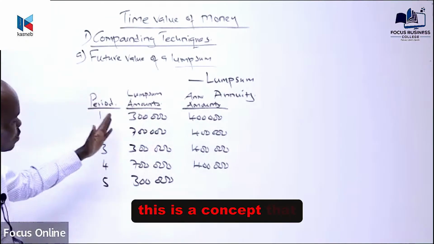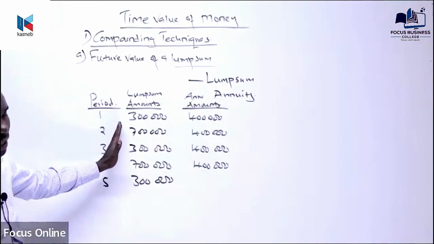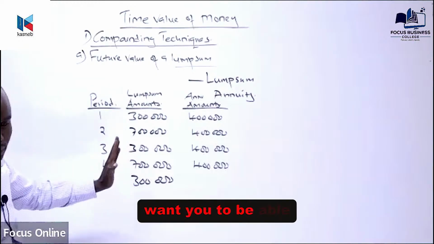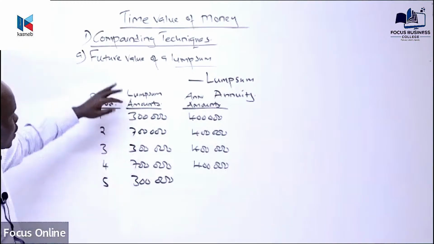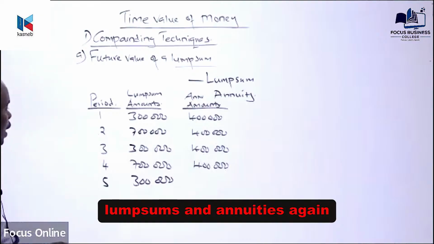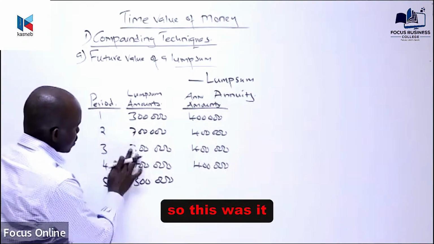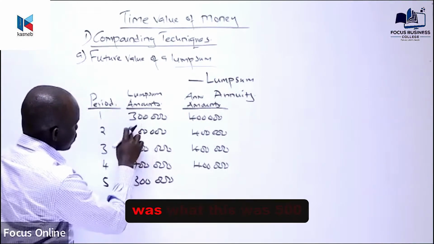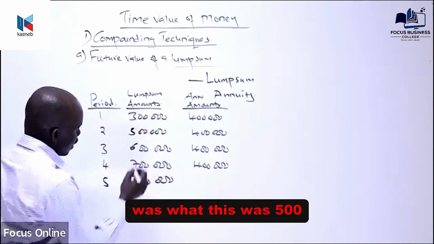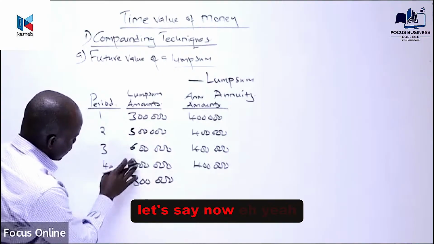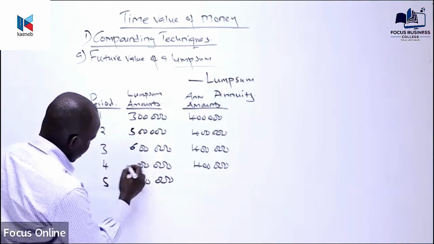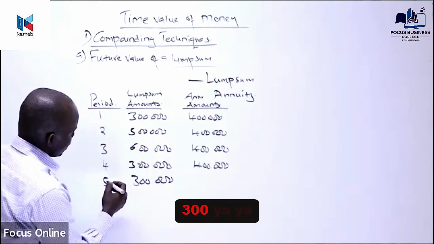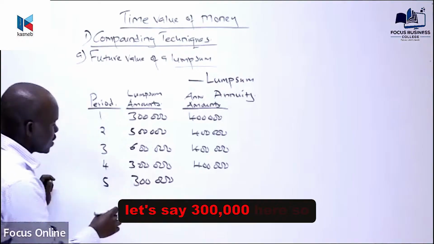This is a concept that we are going to use a lot in financial management. And that is why I want you to be able to differentiate lump sums and annuities. Again, let's say this was 500, and let's say 300,000 here.